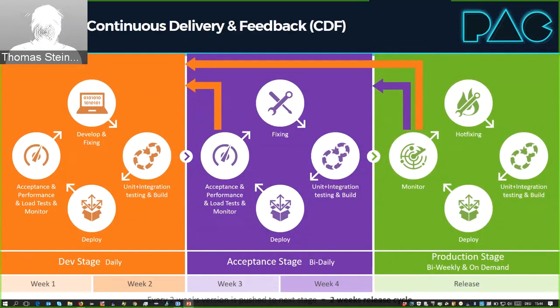The second one is the acceptance stage. While we have daily builds automatically deployed in the dev stage, we have daily deployments in the acceptance stage. The main thing here is testing the end-to-end user experience. A few people work here trying new things out, and checking that it is all okay.